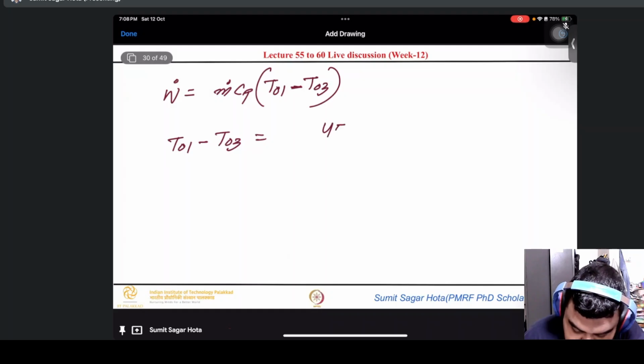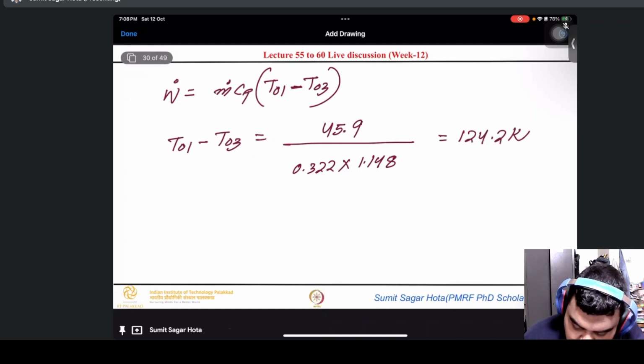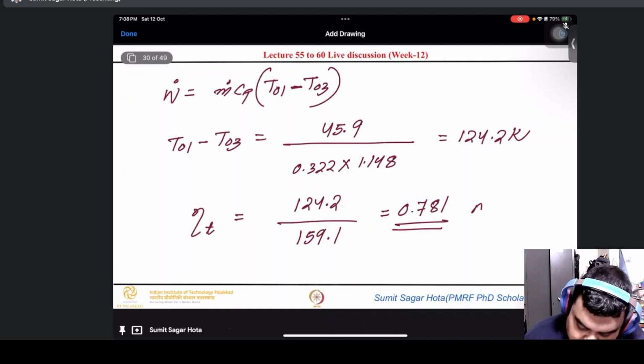Substitute the values, 124.2 Kelvin. Efficiency, 124.2 divided by 159.1, 0.781, and this is your answer.